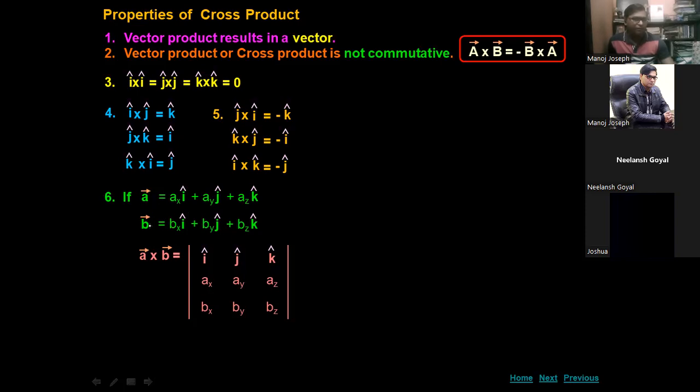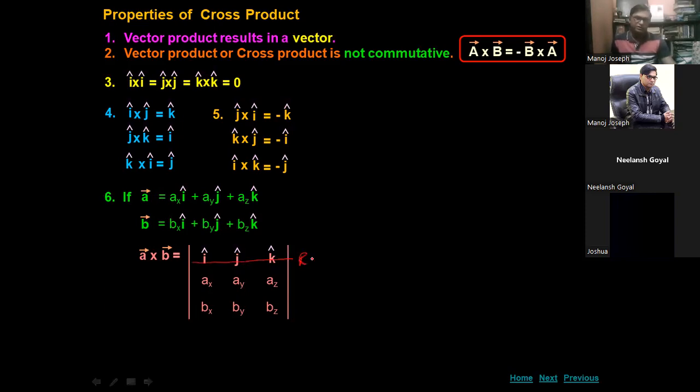So when we multiply A with B in the cross product, A cross B is equal to, we will make this a determinant, and the common thing in both vectors is I, J, K. So I will put I, J, and K once each on the first row.